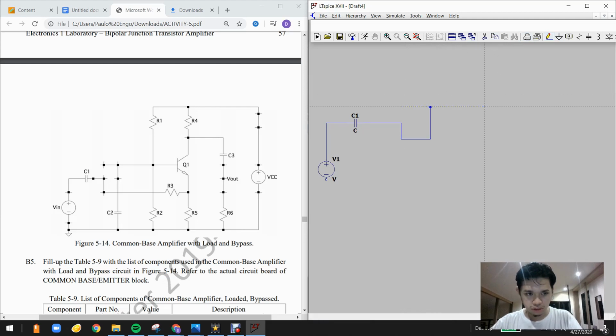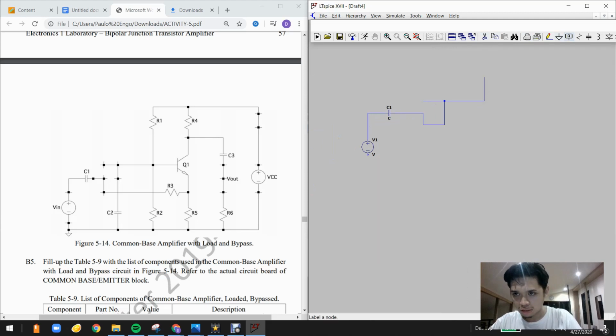Going straight, then up. That's where our R1 is. Then go down, and that's where our R2 is now.